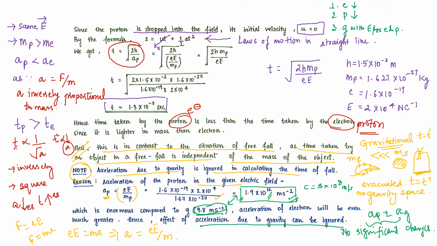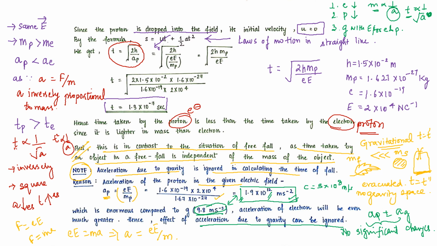What we have seen here is the mass, acceleration and time relation. Mass is proportional to 1 by a, and time is proportional to 1 by a, sorry, 1 by under root a. So accordingly, we can find out if we are increasing mass, what will be the effect on acceleration, and if acceleration is being increased or decreased, what will be the outcome with respect to the time.